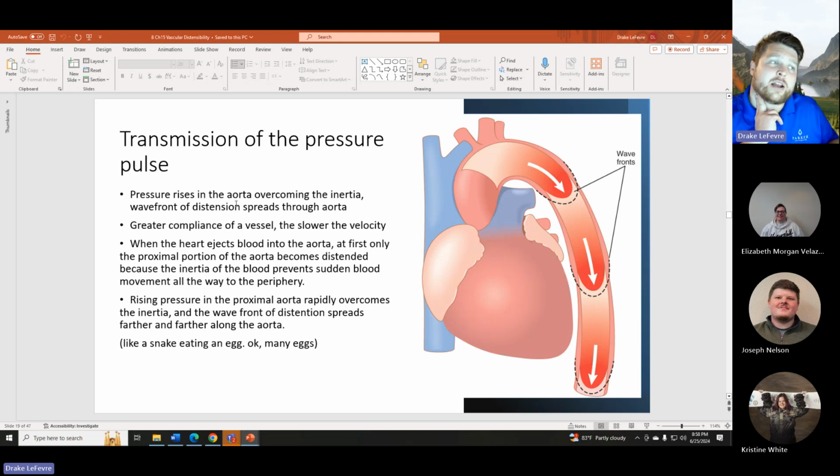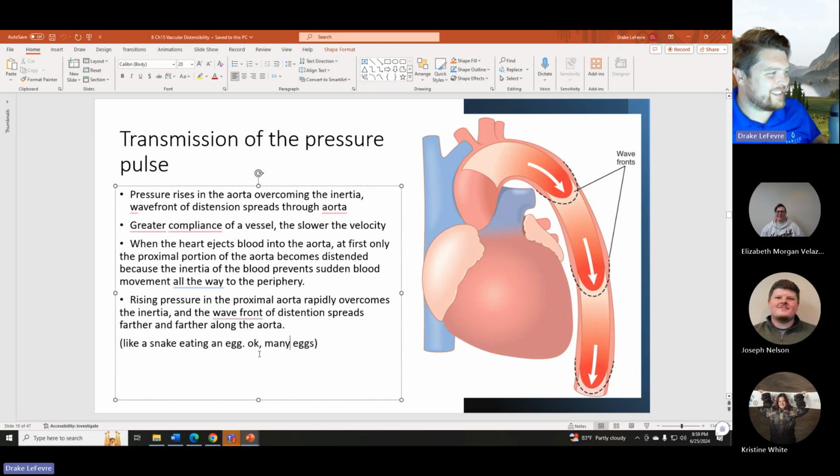If you feel your own carotid, you feel pulse, pulse, pulse. That's each of these waves, the blood being pushed in chunks like that. That's the human version rather than the science version. Does that make sense? Yes. I like this example, like a snake eating an egg. Okay, many eggs. I like that.